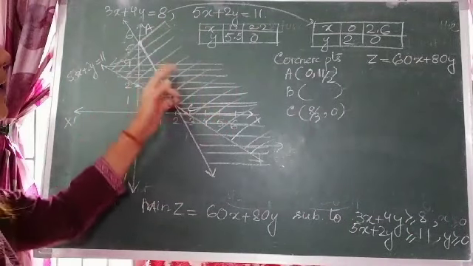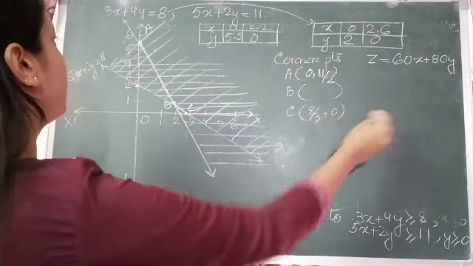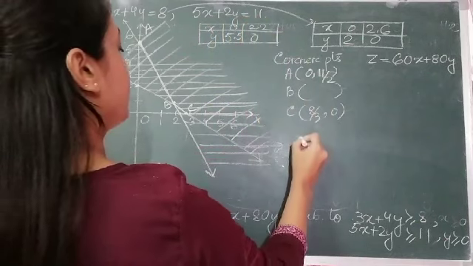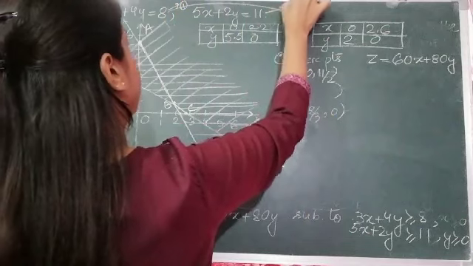Okay, so we will solve both the equations now in order to get the coordinates of the point B. So 3x plus 4y equals 8, 5x plus 2y equals 11. Let this be equation 1 and this be equation 2.